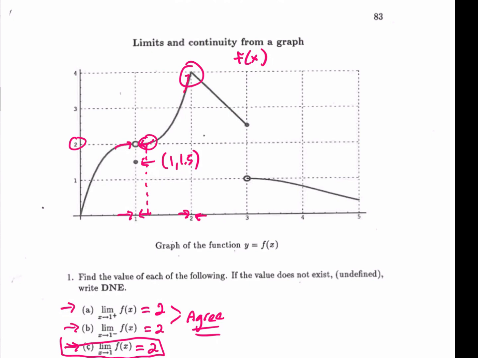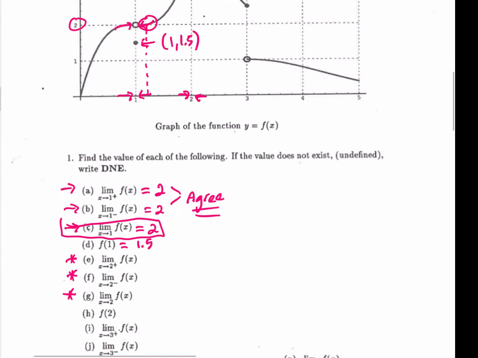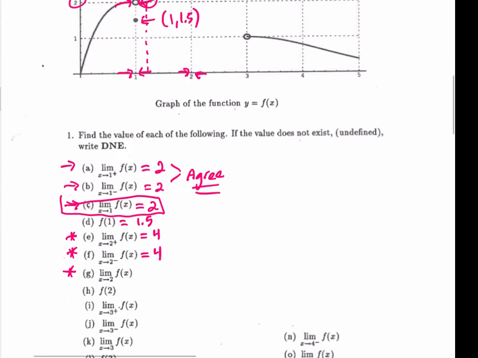If I go from the left and if I go from the right, we are zeroing in on the y value of 4. So if I come in from the right, it's 4. If I come in from the left, it's 4. And so since these two agree, we have an overall limit, and that equals 4.